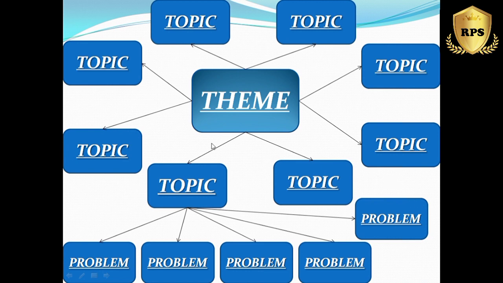Then we have to separate these topics. In each topic there will be so many problems, and you have to solve them one by one. If you just take the theme and say we are going to solve this, you can't. If you choose a topic, it will be easier than the theme, but you still can't make a project on this topic alone. You have to go deep into that topic, find the different problems, and then choose one problem.